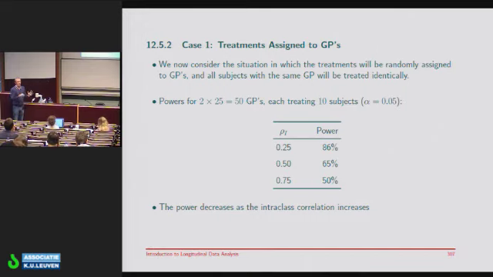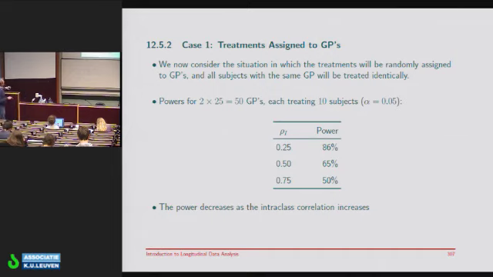So Dr. 1, for example, would always use treatment A. Dr. 4 would always use treatment B. That's what is called a cluster randomized study. You randomize the clusters rather than the patients. That's done a lot in practice.